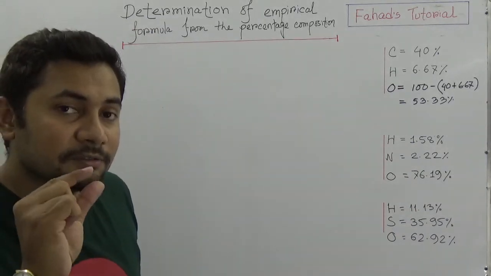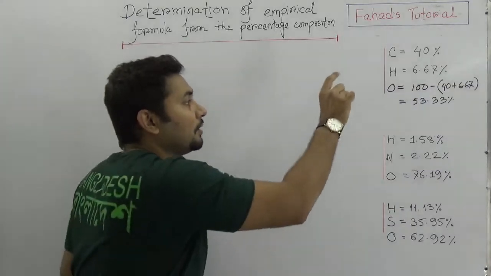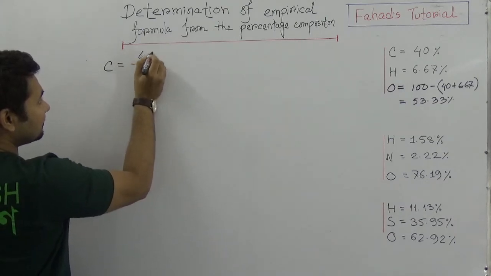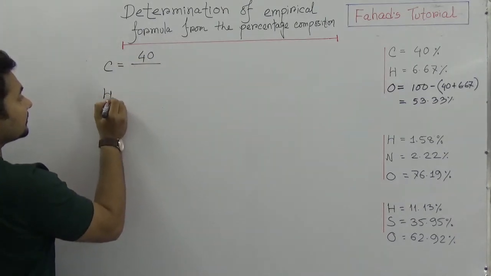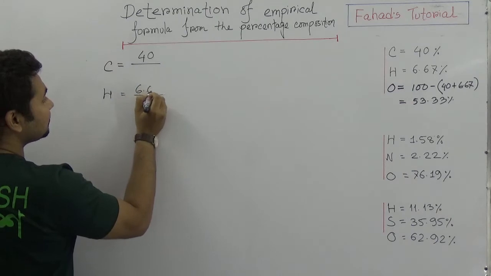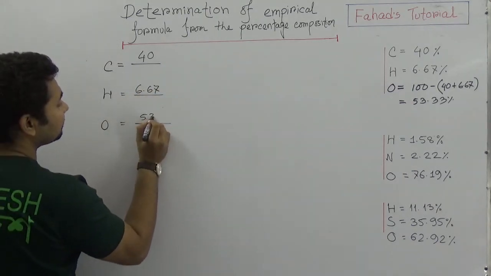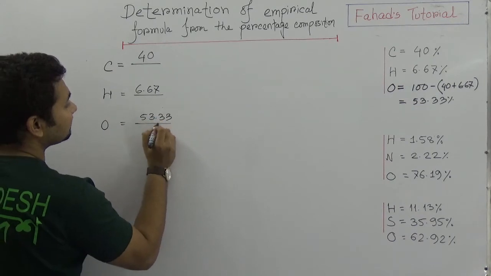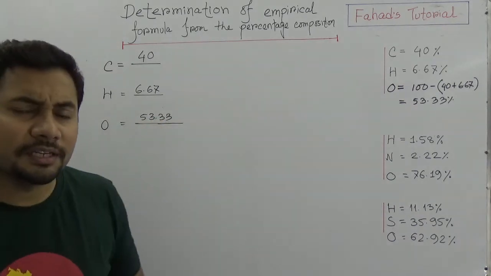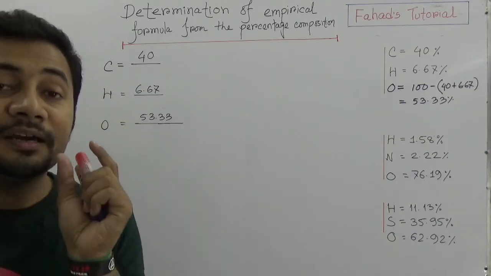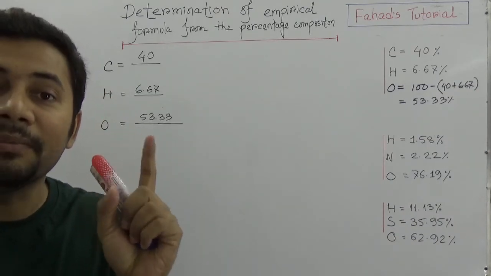So according to my previous explanation, what do we need to do first? Now we need to say that carbon is given 40, hydrogen is given 6.67, and oxygen is given 53.33%. Now we need to divide each percentage by their own atomic mass.